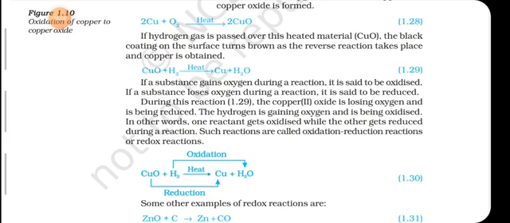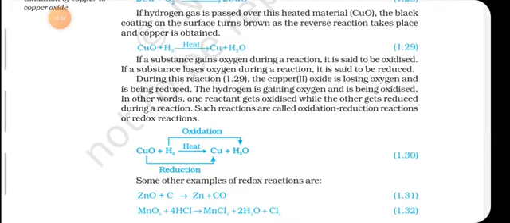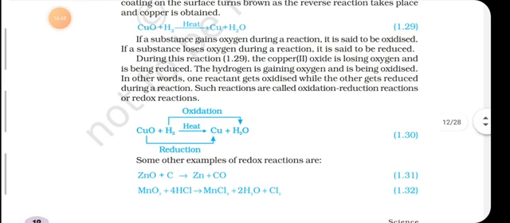In other words, when one reactant gets oxidized while the other gets reduced during a reaction, such a reaction is known as an oxidation-reduction reaction, or redox reaction. Fine students, I hope you are clear with this.